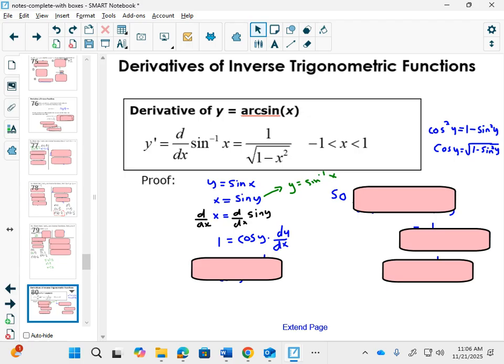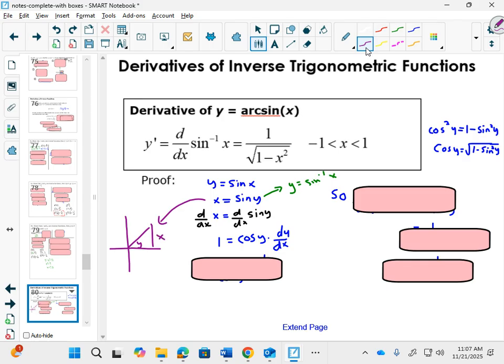I think because when you deal with sine and cos, what do you have to draw? A triangle. So if I wanted to draw a triangle of x equals sine y, and I draw it in quadrant 1, that would mean the angle is y, correct? And sine is opposite over hypotenuse.